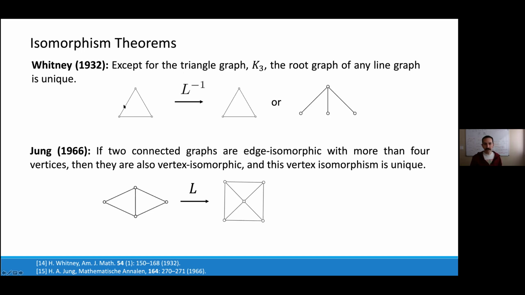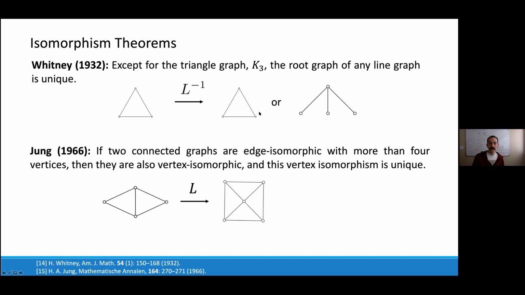So this specific graph, I can undo taking the line graph, and there's 2 different ways that I can take: if I started with this or this and I take the line graph, either way, I get this triangle structure. So this is the only graph that has a non-unique pre-image under this operation of taking the root graph, taking the line graph.